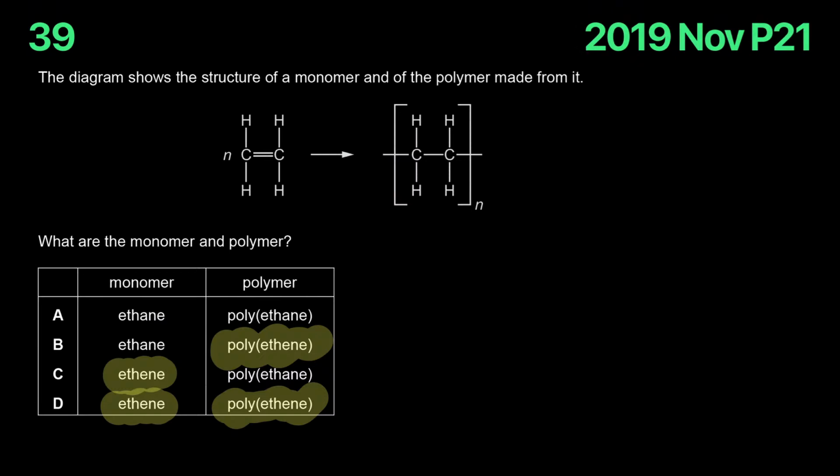Alkanes do not react to form polymers. And what's the answer? D. Right? And we're done with November 2-1.